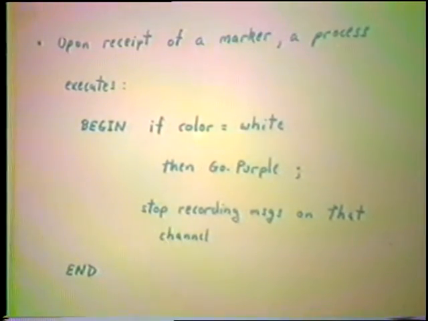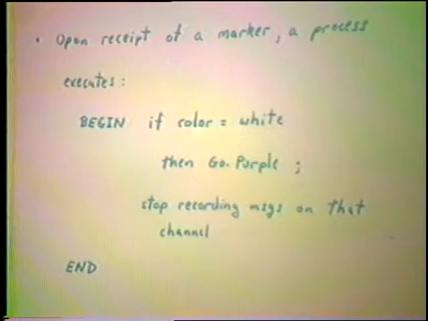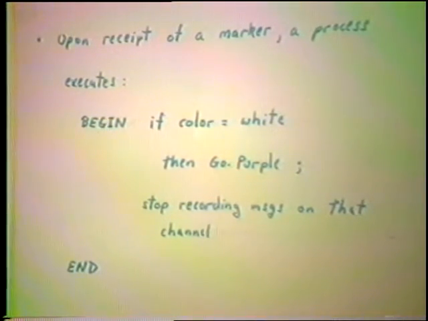After doing that, it then stops recording messages on the channel over which it got the message. So in particular, if it started out being white, when it executes go purple, it's going to turn on the tape recorder on all the channels. And then the next thing it's going to do is turn off the tape recorder on the channel on which it received the marker message, which means that tape is going to be empty.